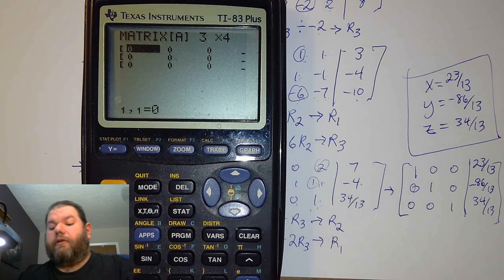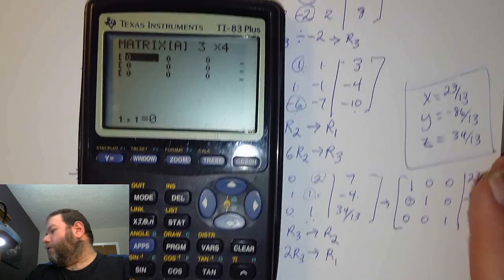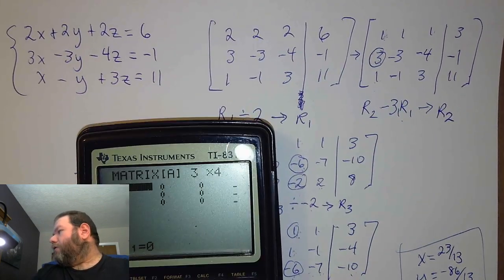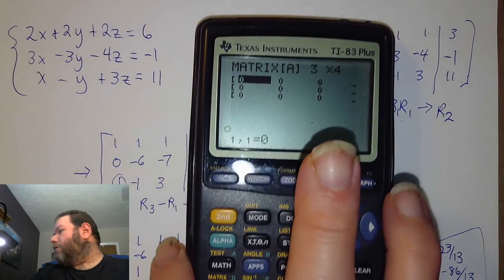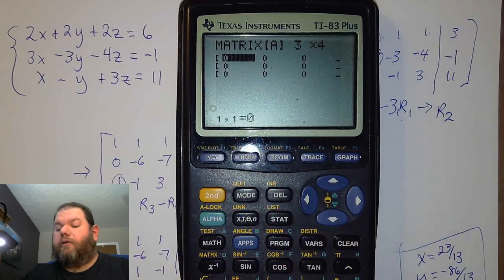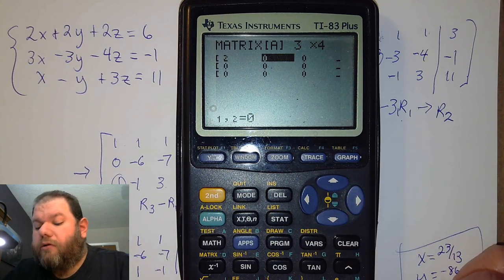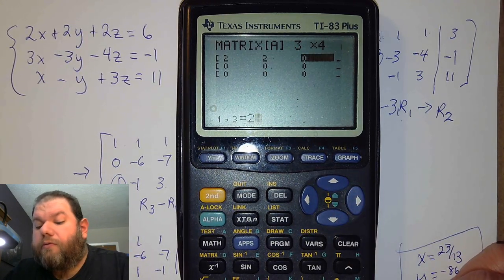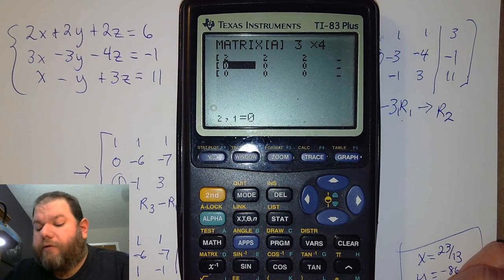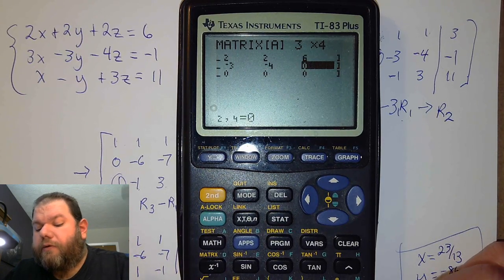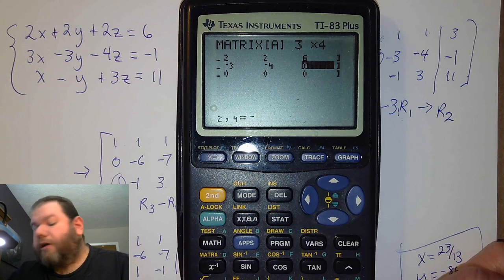Alright. So first row is 2, 2, 2, 6. Second row is 3, negative 3, negative 4, and negative 1.